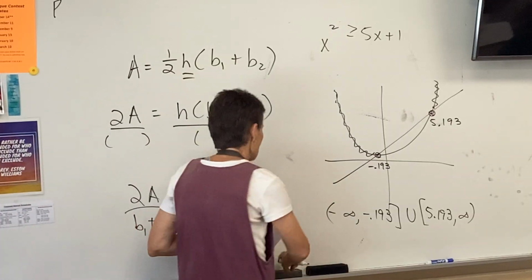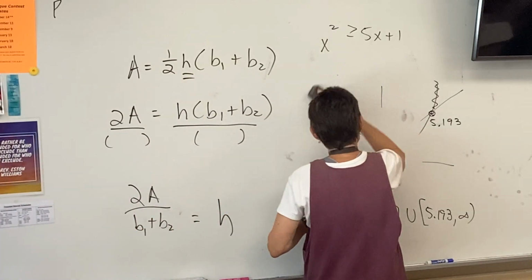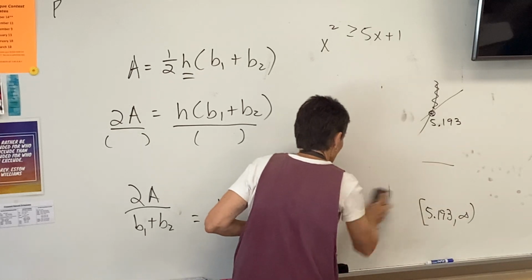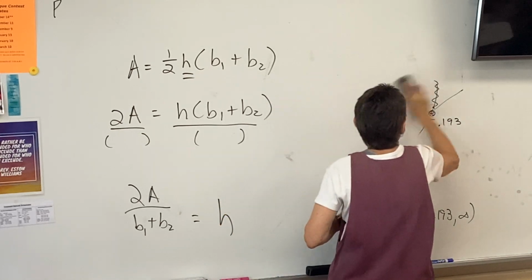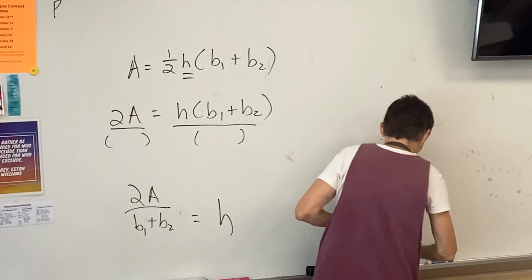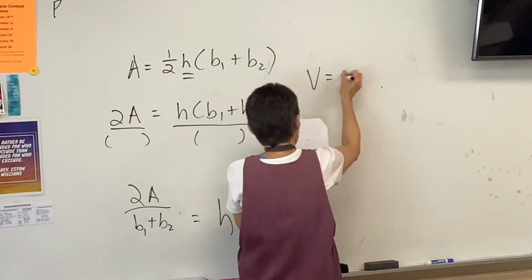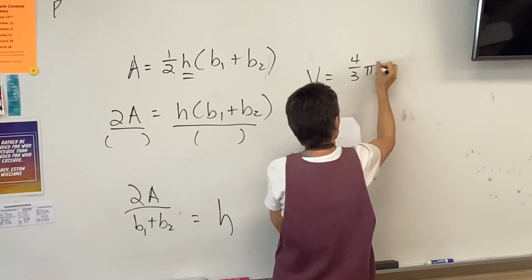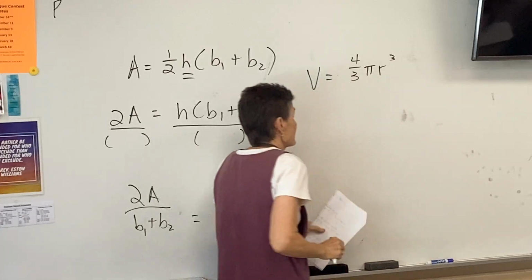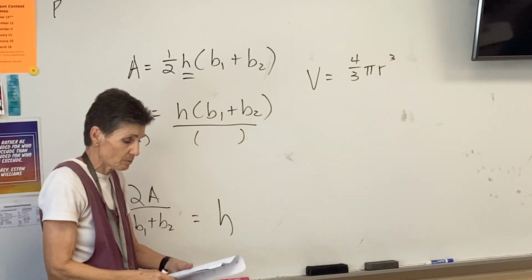B. See if you can solve for R. What's the formula in B? What is that one? Volume of a sphere. I'm going to get R by itself. So go ahead and give that a shot. Let's see what you come up with.